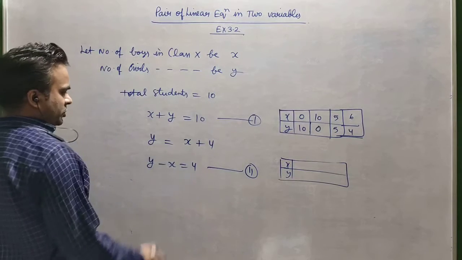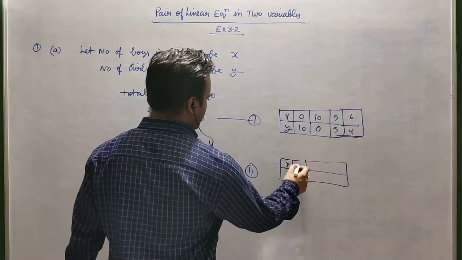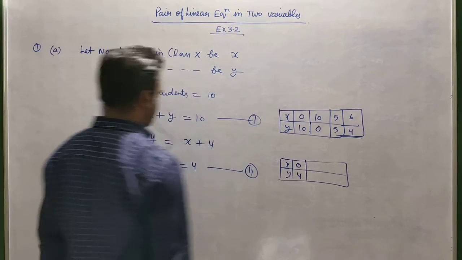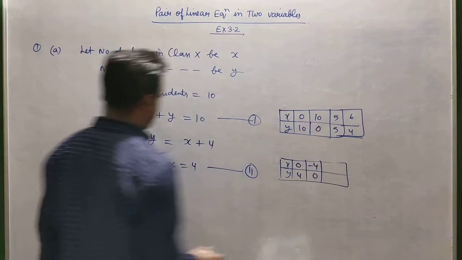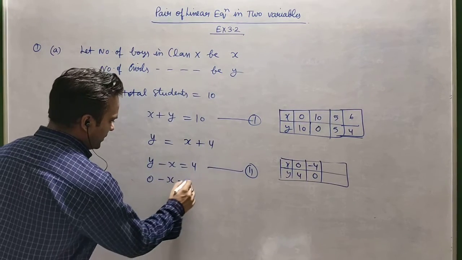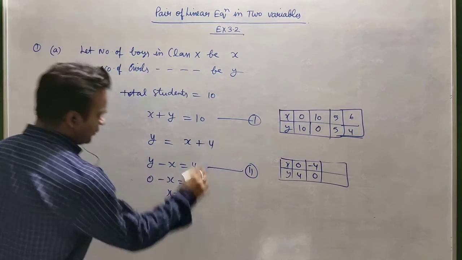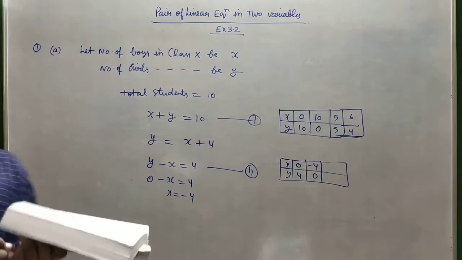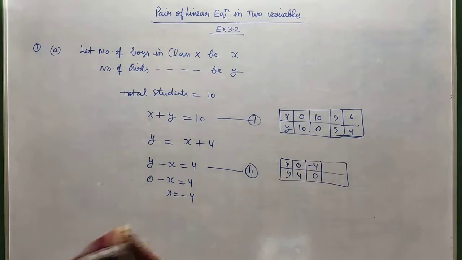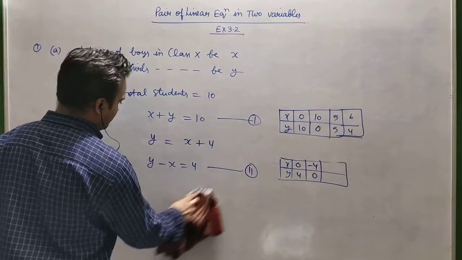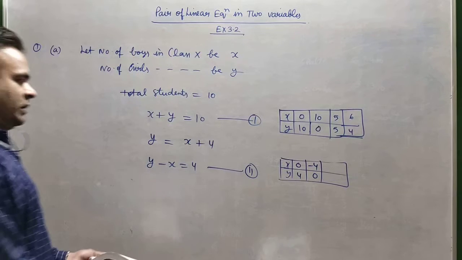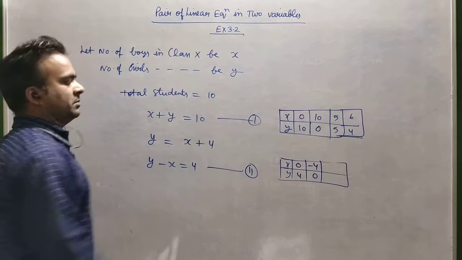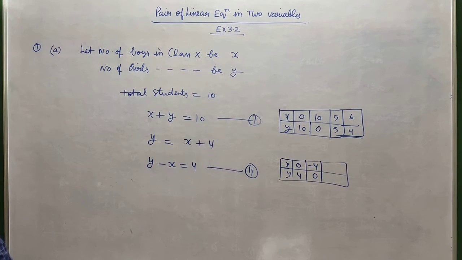Now in this case, suppose you say x is 0, so y will be 4. If you say y is 0, so x is minus 4, because if you put 0 here, x will be minus 4. So whenever you are putting values, be careful with the signs also, because sometimes when you use them directly without calculating anything, sign errors always occur.